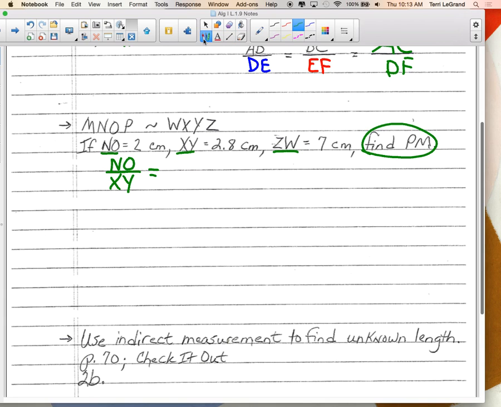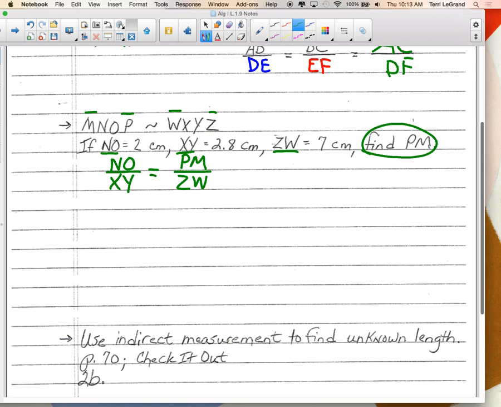The quadrilateral MNOP is in the numerator in the other one, so it has to be in the numerator in this one. So it's the PM that we need to find. That comes from the first quadrilateral. Does PM correspond with ZW, the one we have left? Yes. So PM over ZW, yep, we're good. Okay, here's our relationship setup. Ratio of corresponding sides. Anybody have questions about our setup first?